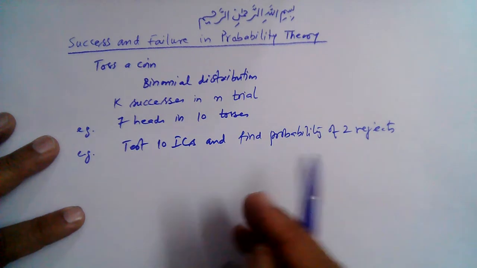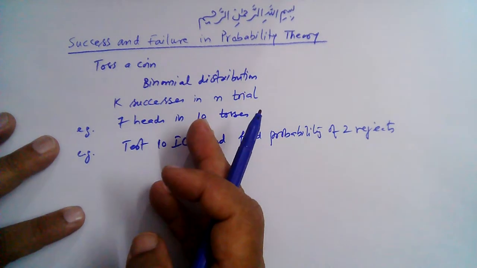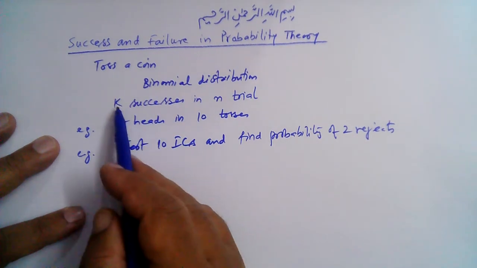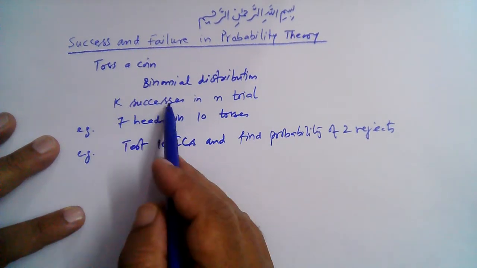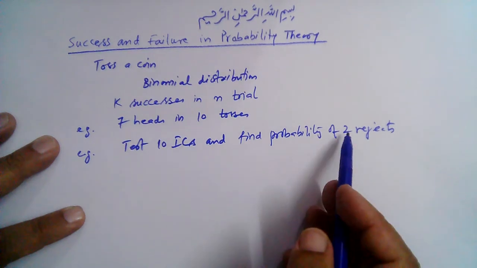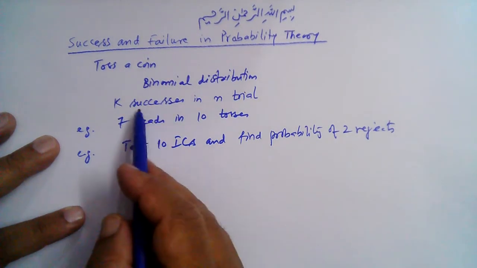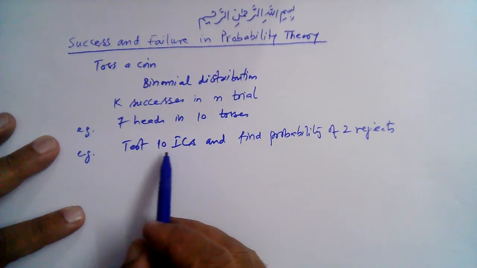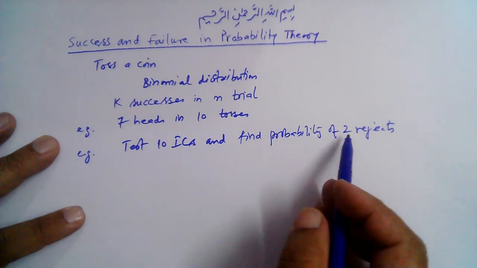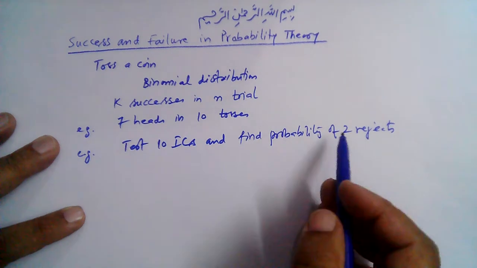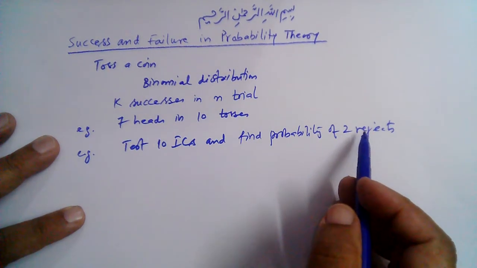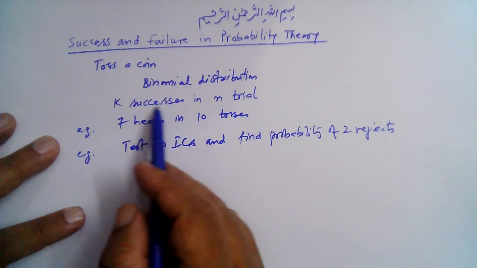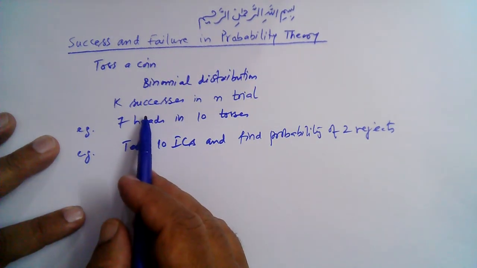But when we model this problem using the binomial distribution, then when we're looking for 2 rejects, that will be k successes, basically 2 successes, right? So that rejection becomes a success here in this binomial distribution. So that will be treated as 2 successes in 10 trials. So that success is basically a reject. When we get a rejection, that is basically a success here in these terms, right? So this is one example.